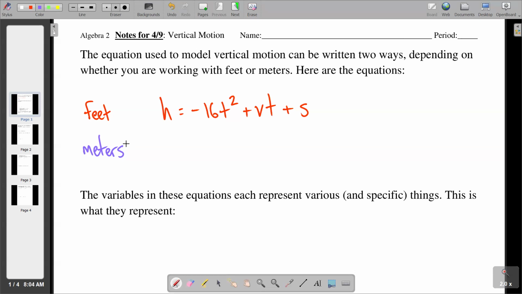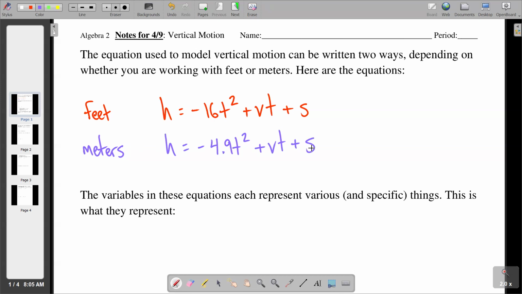It's the same math, like the Earth doesn't care. Gravity doesn't care, just the numbers that we use to represent them have to change. So the model that we use when we're doing meters is still h, but it's going to be negative 4.9 t squared, and it's still plus vt plus s.